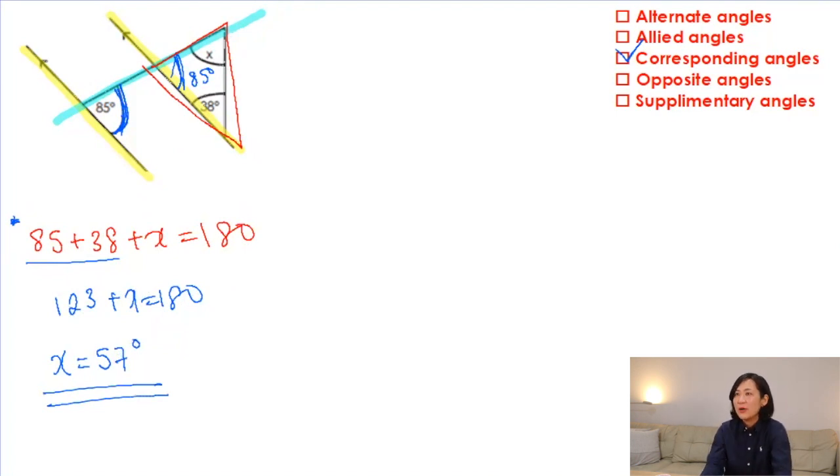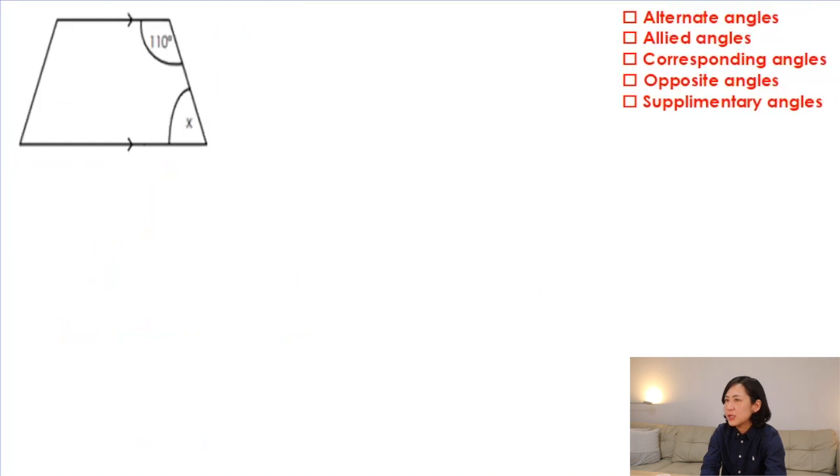So next question. Now this one, I can see a trapezium. We did the shape lesson, right? What can you remember about the trapezium? A trapezium has got only one pair of parallel lines, right? So let's color the pair of parallel lines, the base and top. Then we also see the line goes through the pair of parallel lines as well.